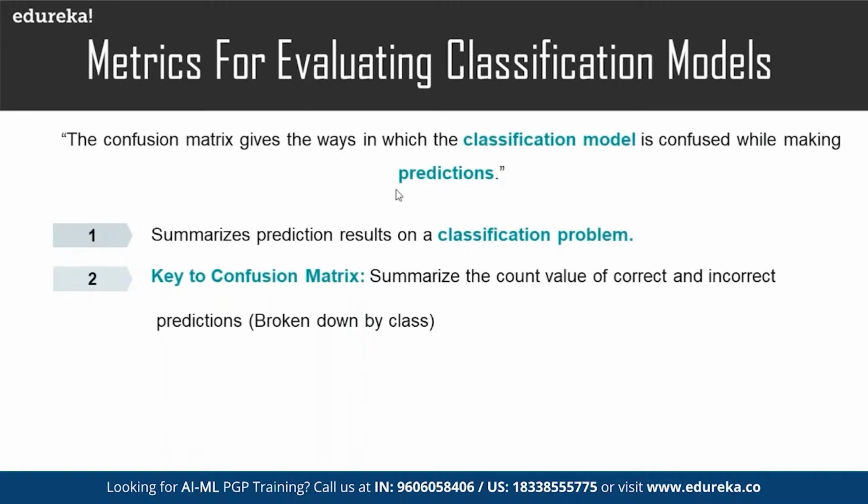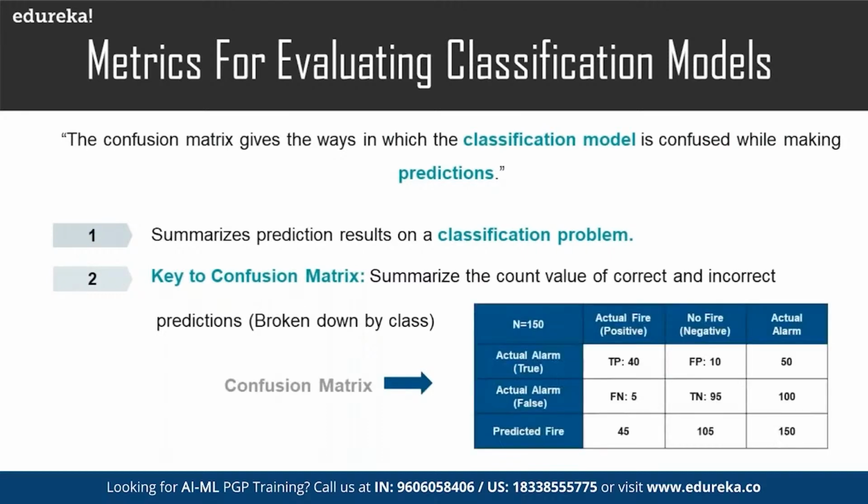So, the key to the confusion matrix here: what does it do? It summarizes the incorrect and correct predictions by class. Take the example of a fire alarm system. The system should alarm correctly whenever there is a fire in a place.